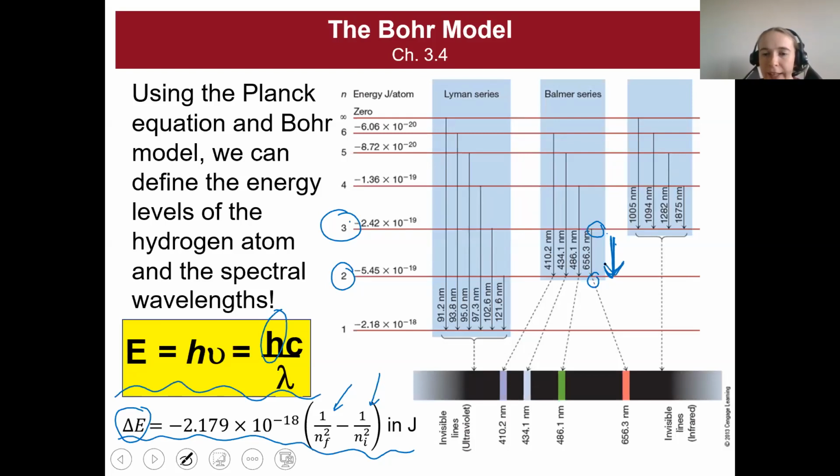So this change in energy corresponds to the energy of the photon that is released. So if we want to describe the line, the wavelength of the photon that is released, then we have to talk about change in energy.